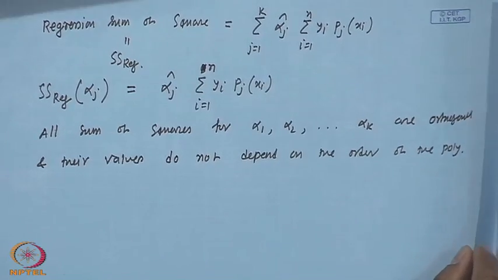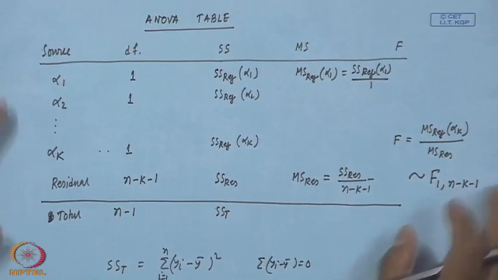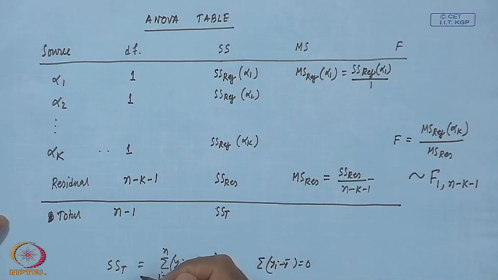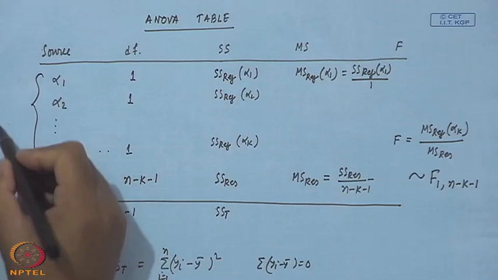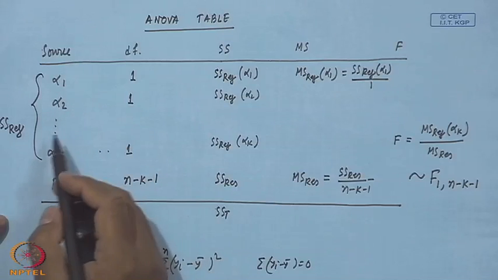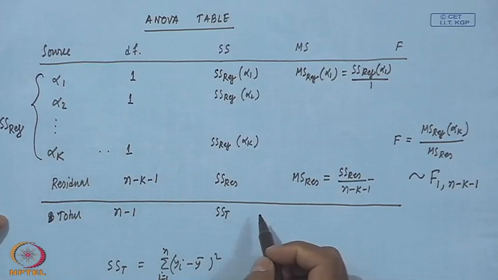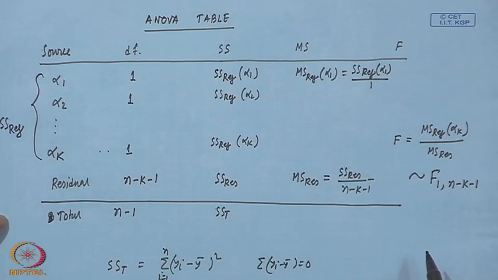And finally, we had this ANOVA table. This is the total variation and this part is basically SS regression. SS regression can be split into SS regression due to alpha 1, due to alpha 2 and due to alpha k. You can write down separately to check the significance of each coefficient, and here is the ANOVA table we talked about in the previous class.